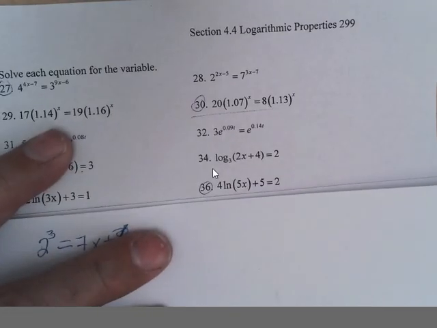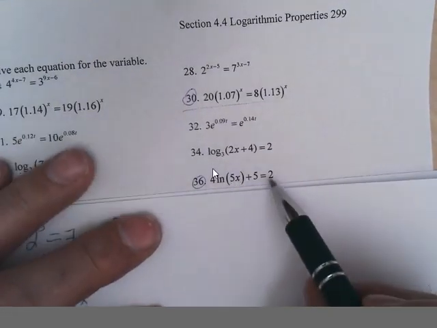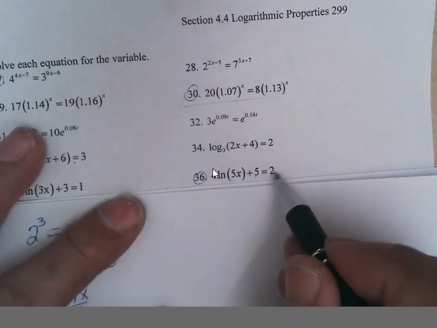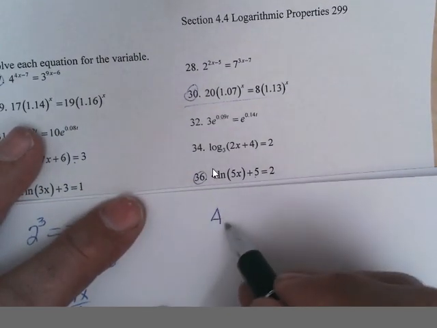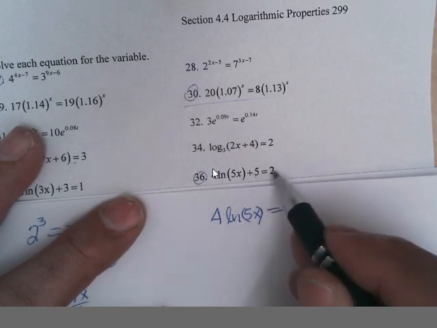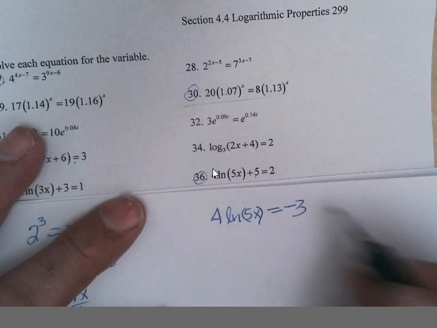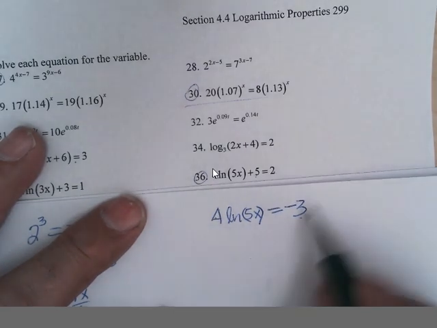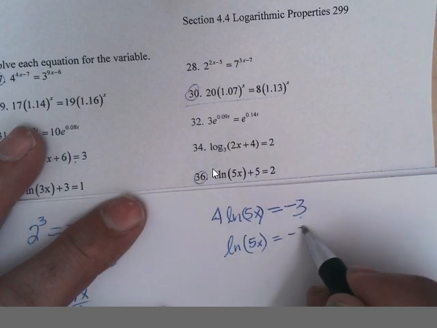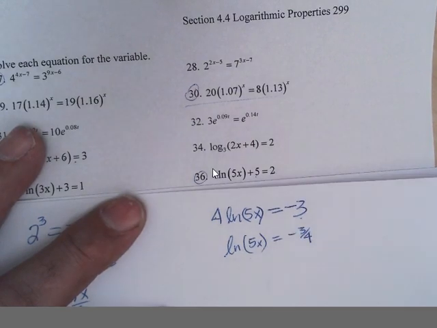36. Let's get everything over on the other side. So we subtract 5 from both sides, and we get 4 ln 5x equals, subtract 5 from 2, it's minus 3. Divide by 4, ln of 5x equals negative 3/4, or negative 0.75.